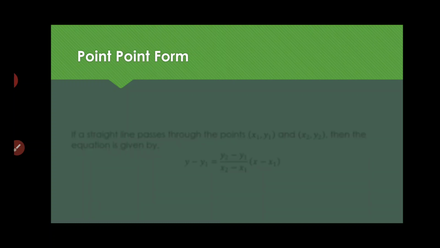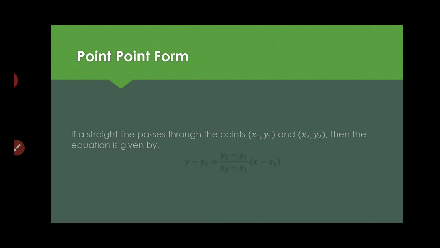Then the next one, point form or two-point form. Two-point form means if I am given 2 points on a line, instead of the slope and a point, then the equation will be given by y minus y1 equals y2 minus y1 by x2 minus x1 into x minus x1.